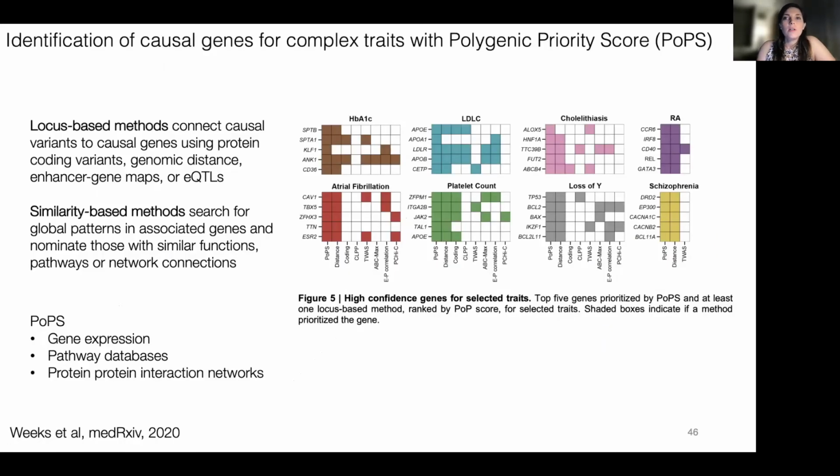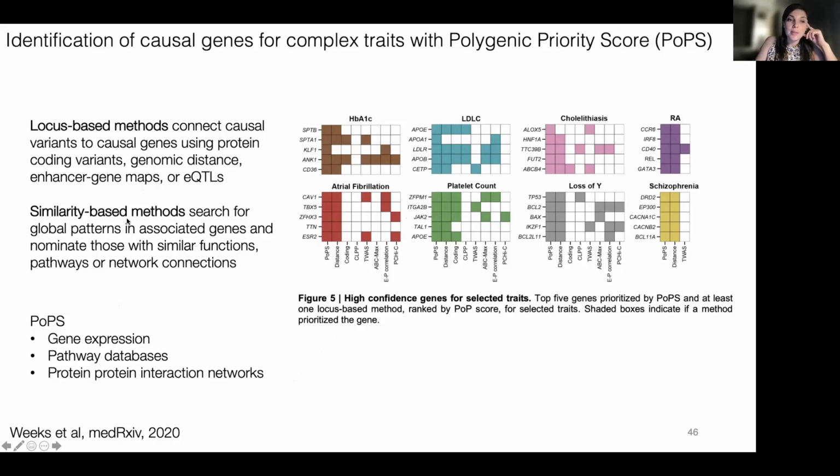The other, more of a software that I wanted to bring your attention to is something called the Polygenic Priority Score, or POPS. And there's basically different ways, when you do a GWAS and you get lots of different loci, to identify causal genes. So you can think about just what's the closest gene, the nearest gene, or you can think about locus-based methods that think about protein coding variants, distance, enhancers, eQTLs that integrate all that data together.